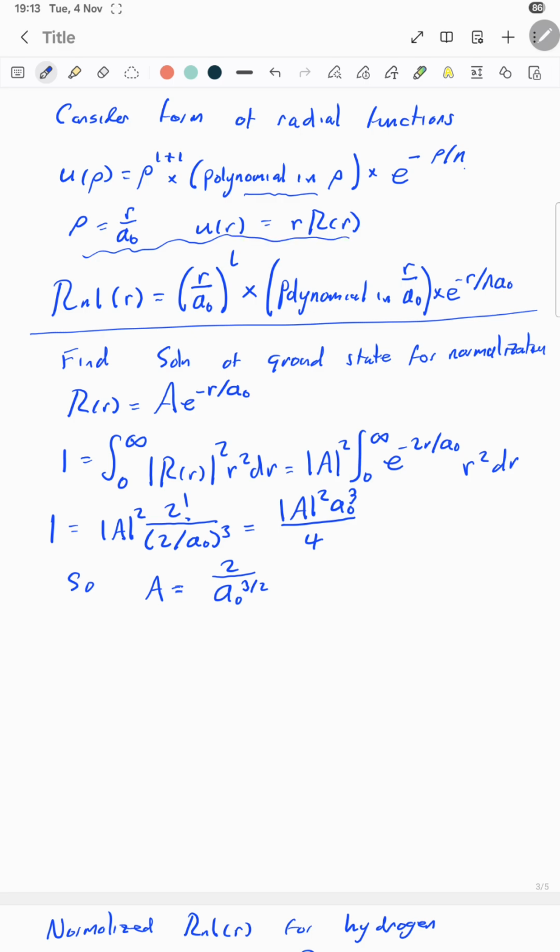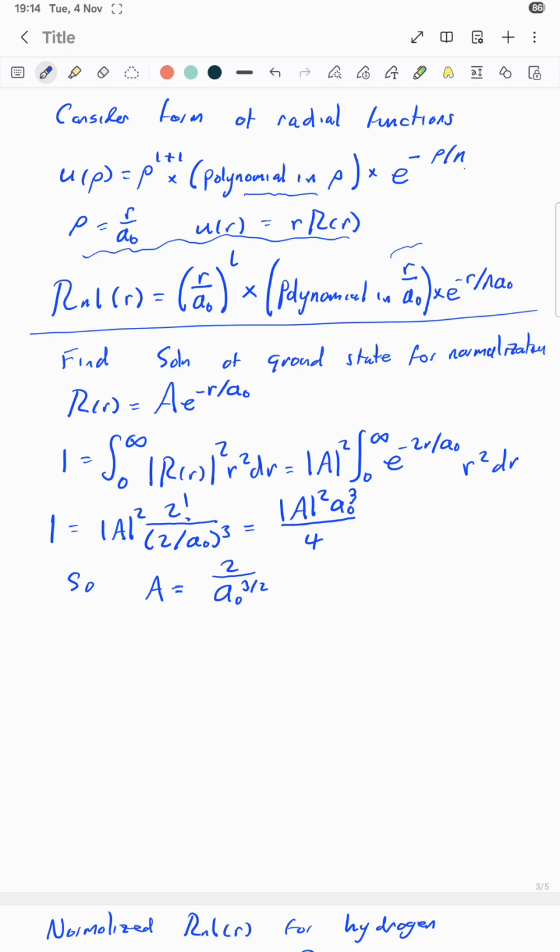This was in the last video, I think, where we mentioned that the radial function R_nL of r is r over the Bohr radius to the power L multiplied by a polynomial in r over a0, multiplied by e to the minus r over n a0.